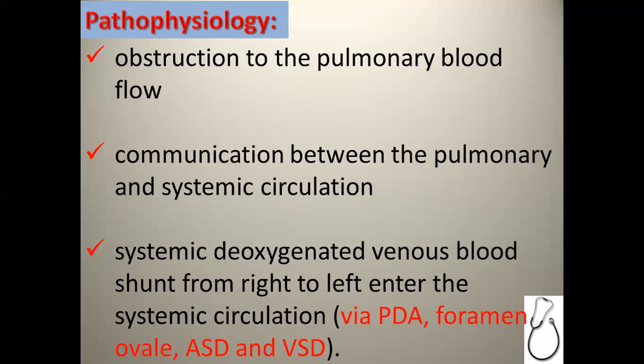Through it, the systemic deoxygenated venous blood shunts from the right to the left, from the venous return to the oxygenated blood, and enters the systemic circulation either through the PDA, foramen ovale, ASD, and VSD.